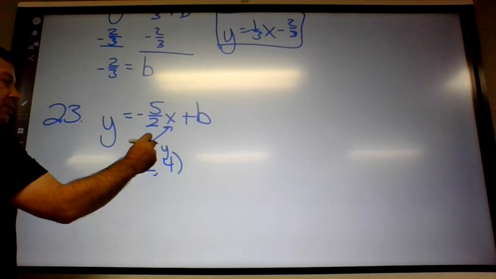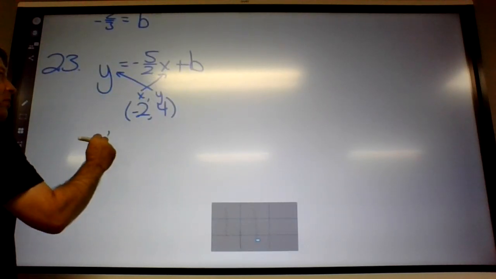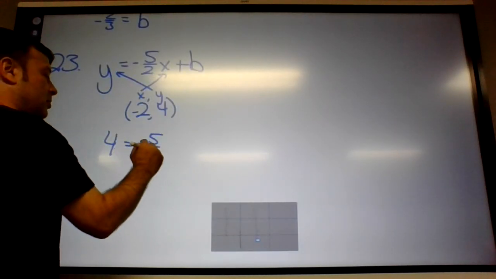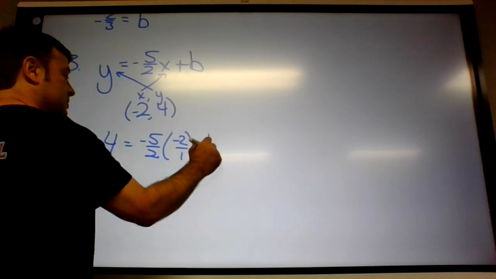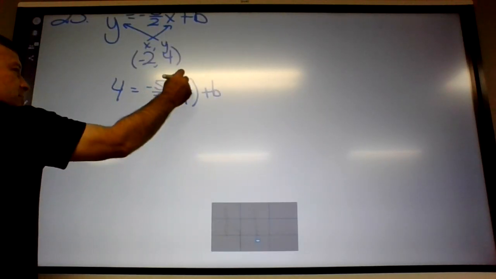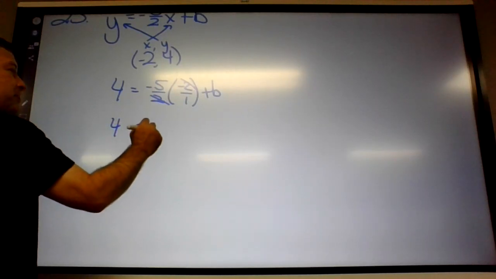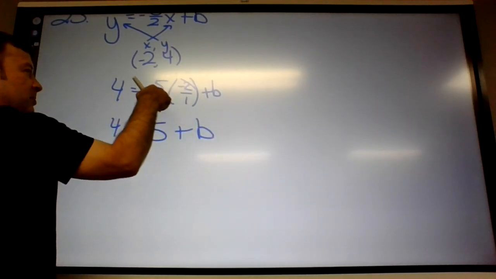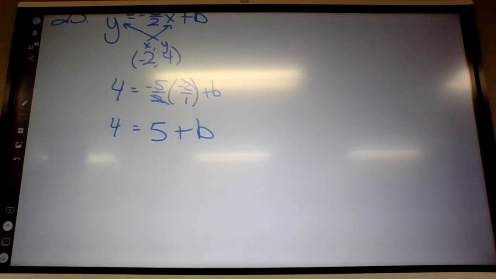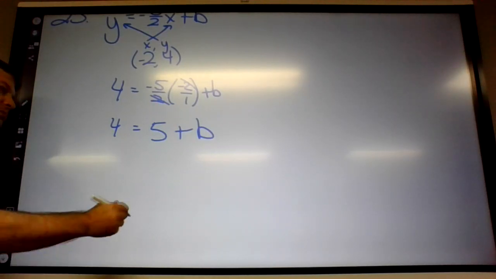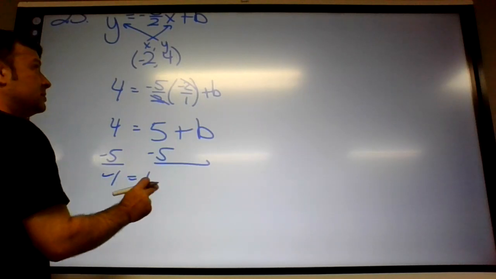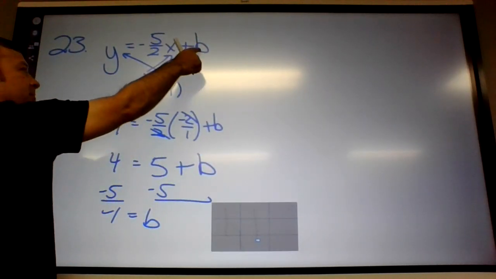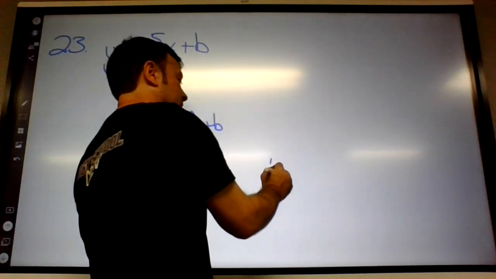So we plug it in. -2, those cancel out, so we have +5. When we multiply those two, -5 halves times -2. Then what do we do there, Skylar? Minus 5. Okay, so we got b is -1, and we're going to put that back into the answer. So y equals -5 halves x.